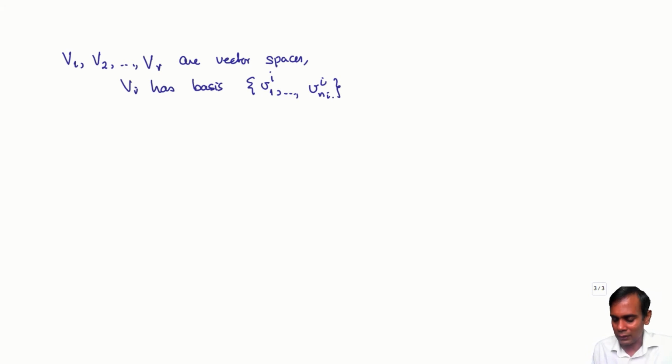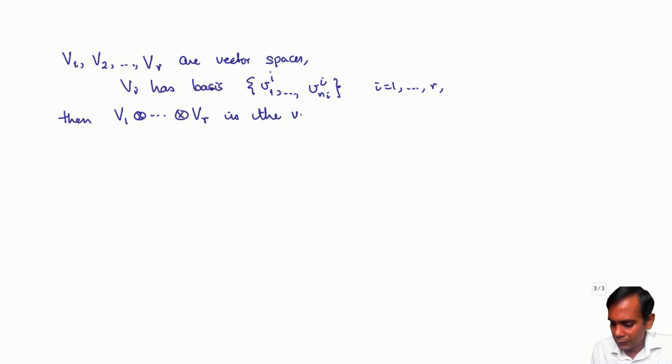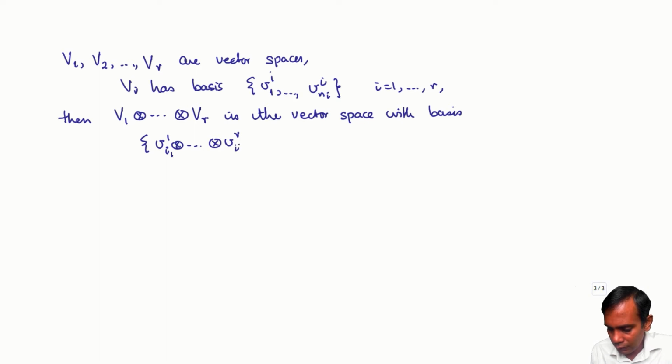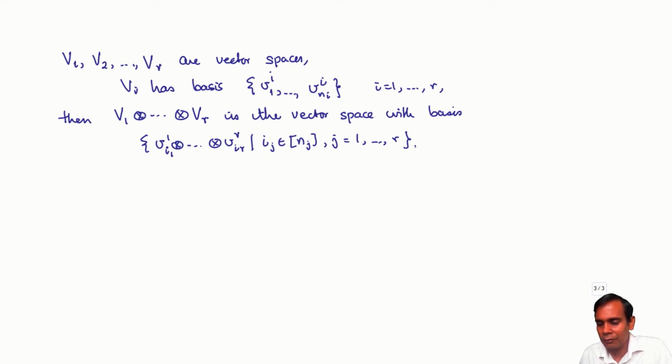So the ith vector space has dimension N_i for i from 1 to R. Then V1 tensor up to VR can be regarded as the vector space with basis v_1i_1 tensor up to v_Ri_R, where i_j lies between 1 and N_j for j equals 1 to R. This is a vector space whose dimension is the product of the dimensions of the vector spaces V1, V2, up to VR.